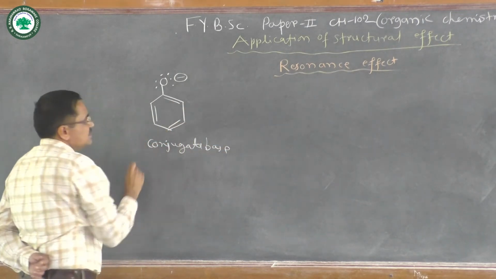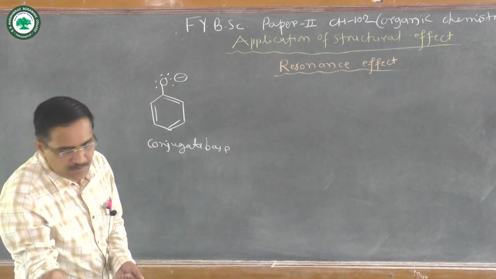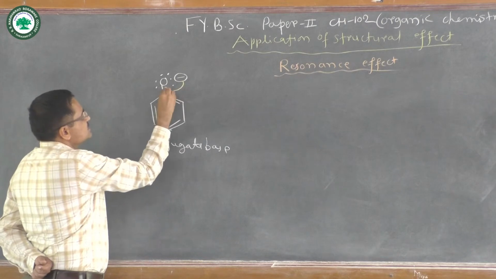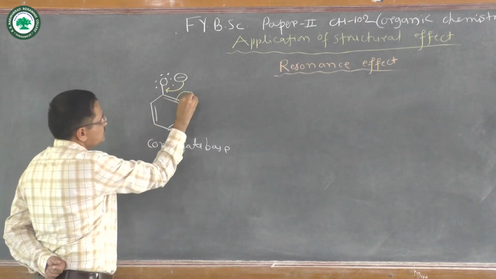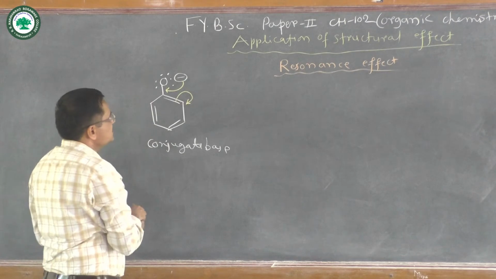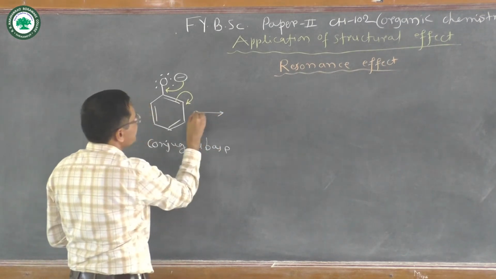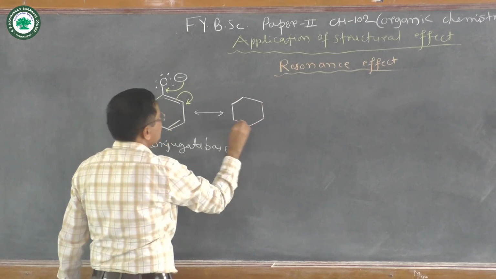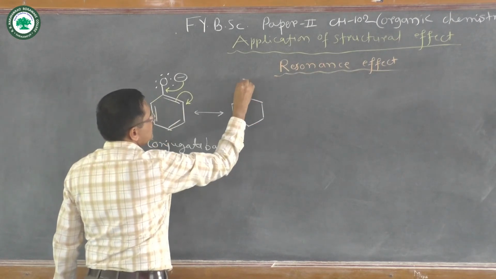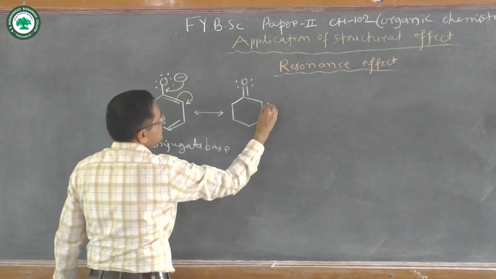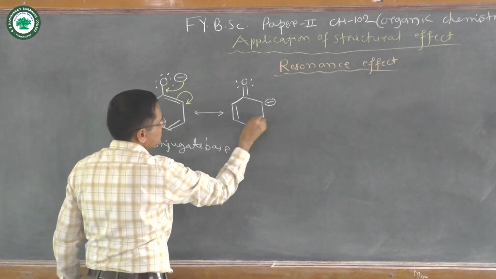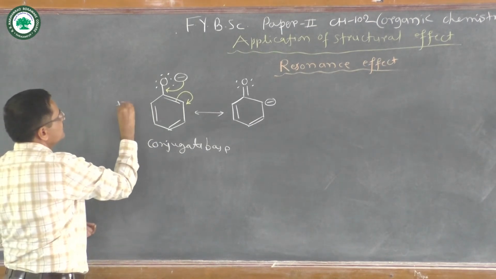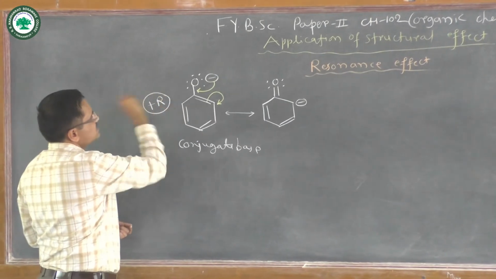Now in this case, these lone pairs are shifted towards the phenyl ring and form the next structure. This is the example of plus R effect.